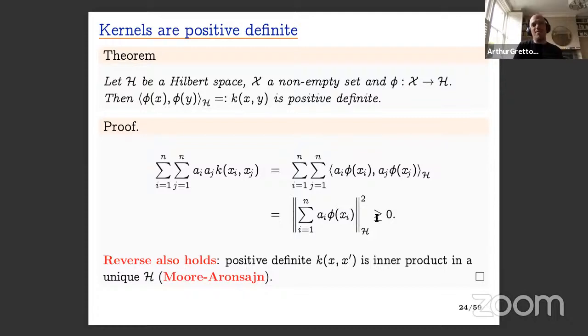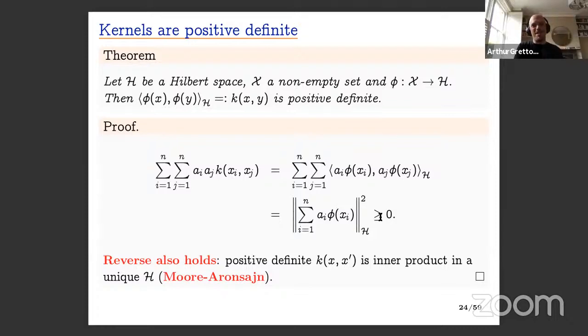So you can see now why positive definiteness is such a necessary and essential property when a kernel is a dot product between features. Because if a kernel is a dot product between features, this is just the same as saying that the norm of a vector in my feature space is greater than or equal to 0, which is going to be true for any Hilbert space.